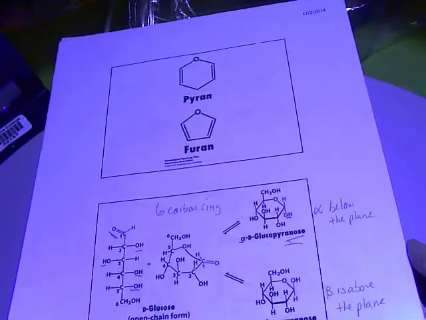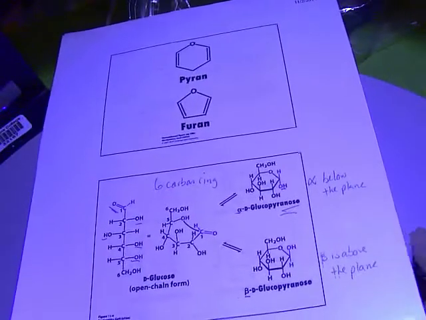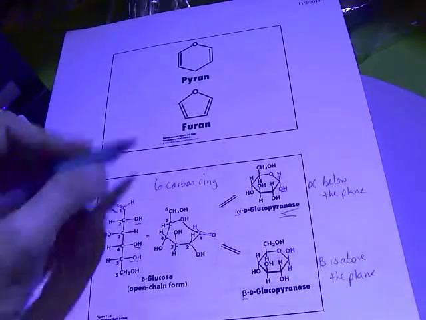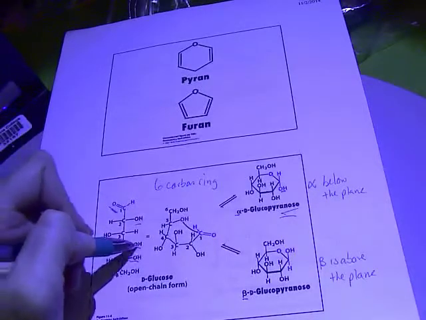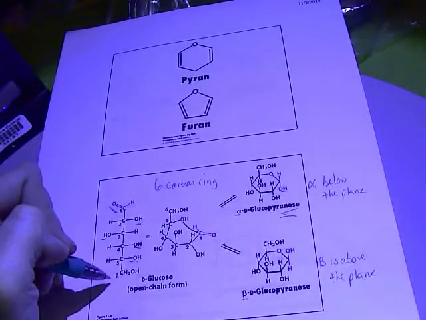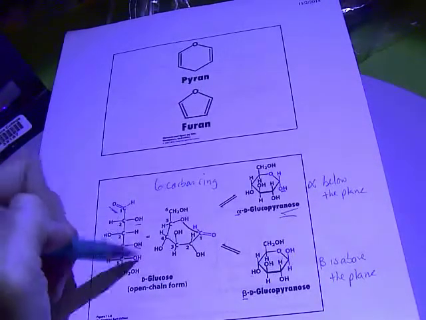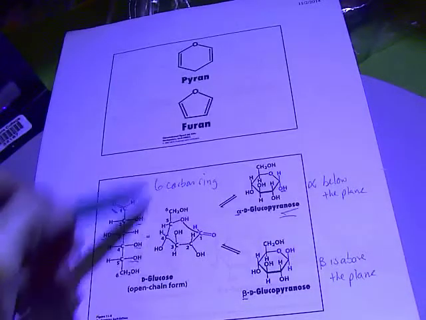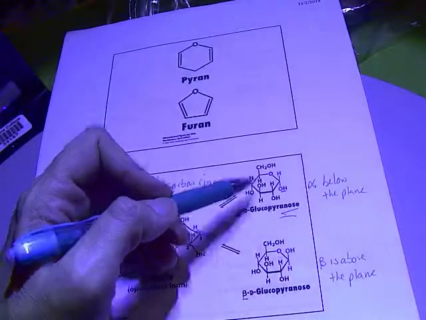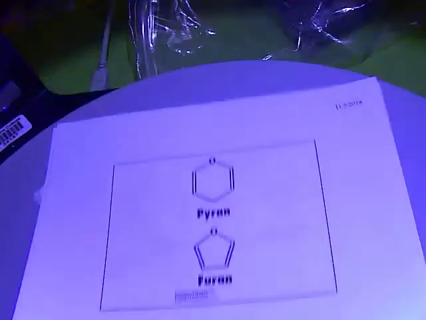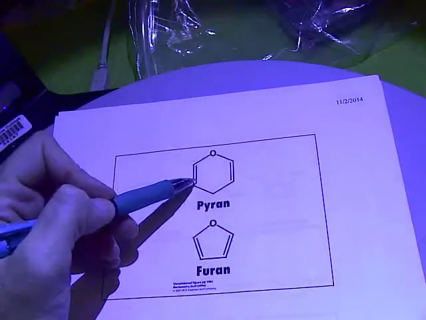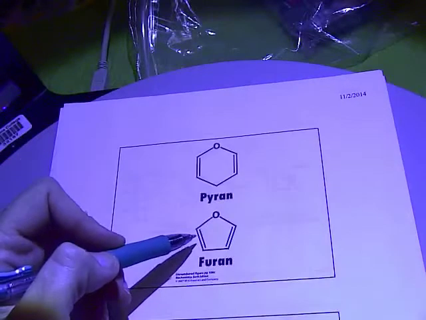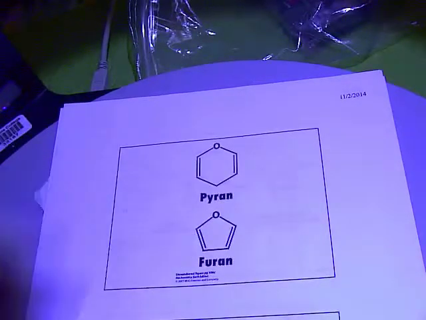The reason why this relates to sugars is that sugars have in them an aldehyde and an alcohol, in this case D-glucose, and those two entities can react to form the hemiacetal. And the hemiacetal simply cyclizes the glucose molecule, right? And we get a structure that resembles either pyran, if it's an aldose, or furan, if it's a ketose, all right?